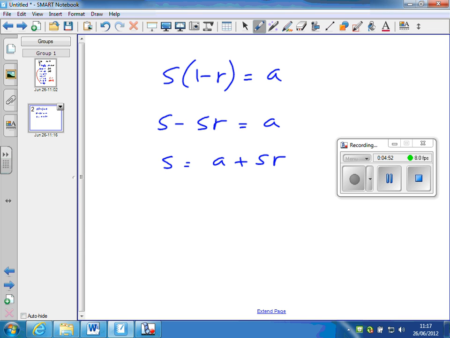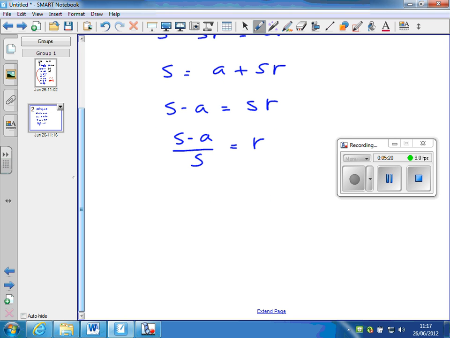Now, if we look at the right-hand side, what's happened to R? It's been multiplied by S and then A added, so get rid of the A. So subtracting A from both sides. Now R has been multiplied by S, so divide both sides by S. And now you can see that that in fact is the second solution.